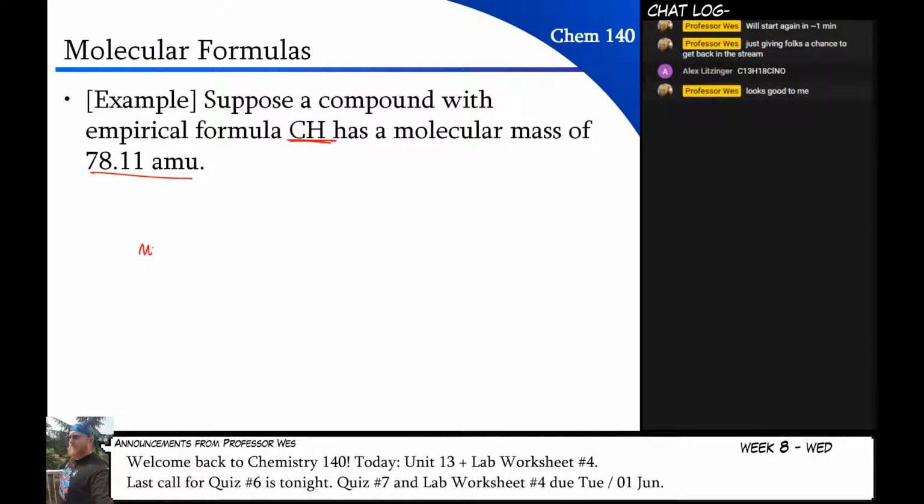So if I compare the molecular formula mass and divide by the empirical mass, I'll get the multiplier. Well, the molecular mass is just this. And I can write grams per mole, it doesn't matter. What's the mass of CH? Well, carbon on the periodic table is 12.01, and H is 1.008. So those two things together are about 13.02.